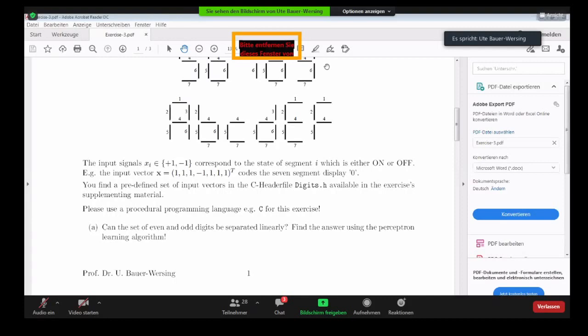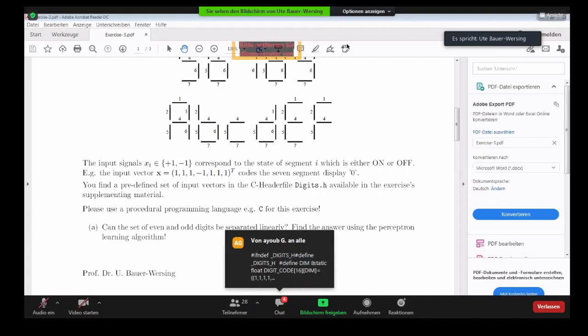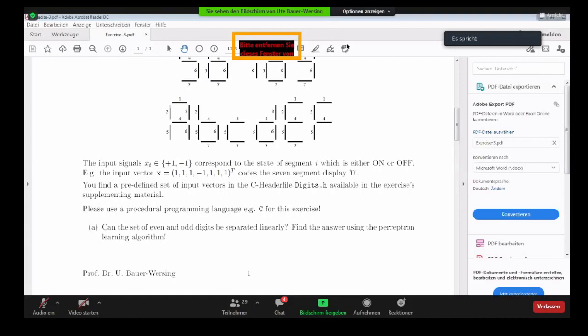All right. There was one student indicating that he has tried to answer the question. So who has found the separating hyperplane for this task?